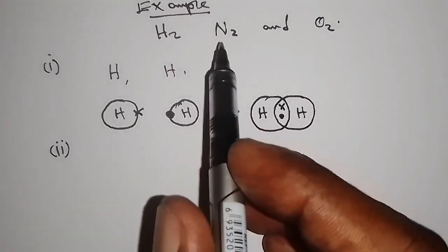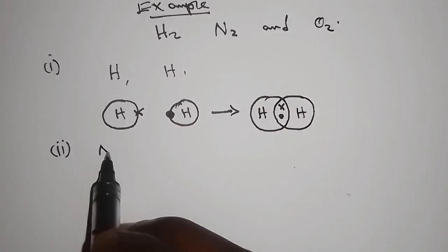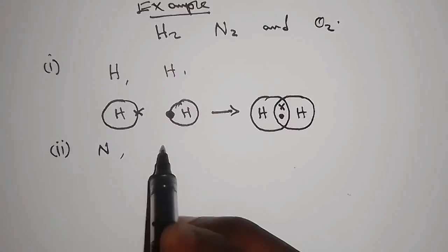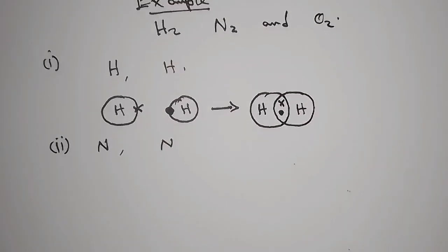Nitrogen is 2, so I'm going to have nitrogen and also another nitrogen.